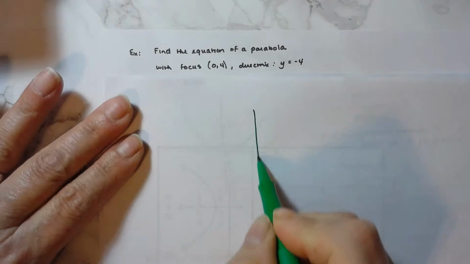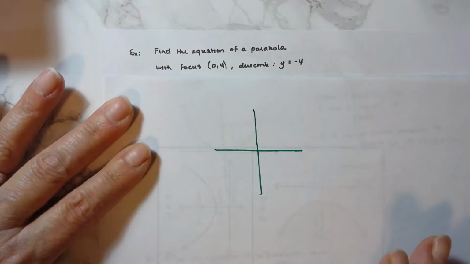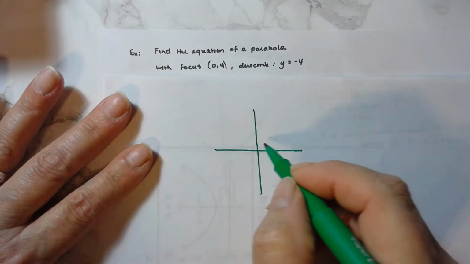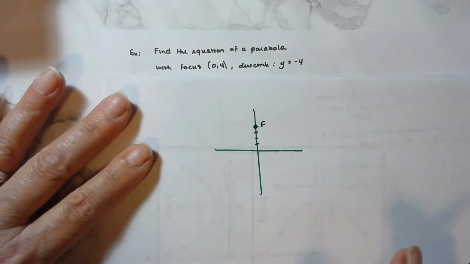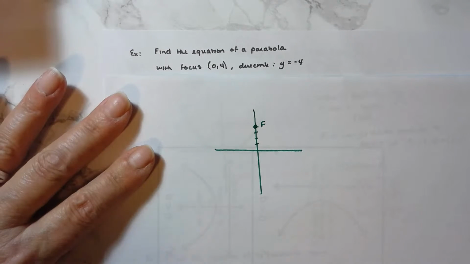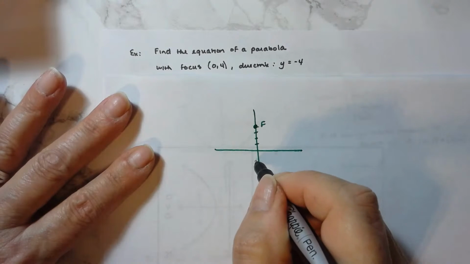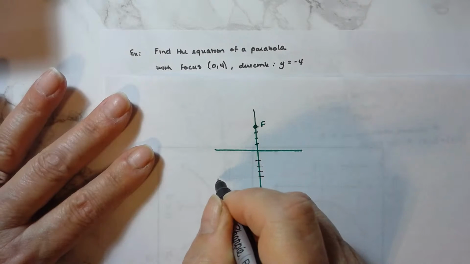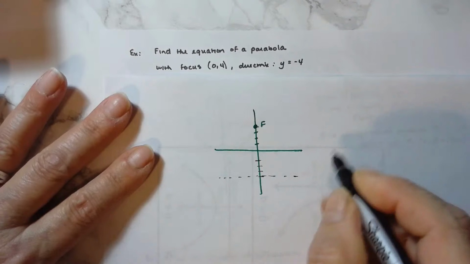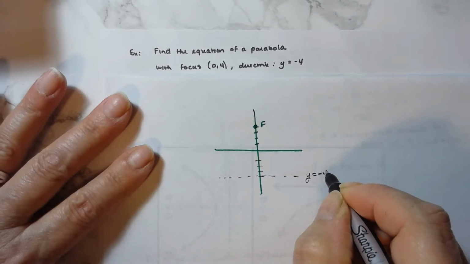I don't know if this opens up, down, left, or right, but I can find out. If this is my x and y axis, and my focus is at the point 0, 4, so there's my focus, and my directrix is at negative 4, 1, 2, 3, 4 in the negative direction. This is my directrix, the line y equals negative 4.